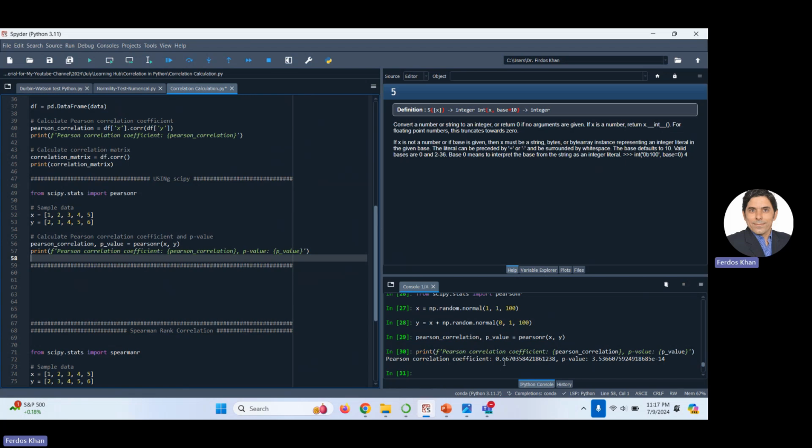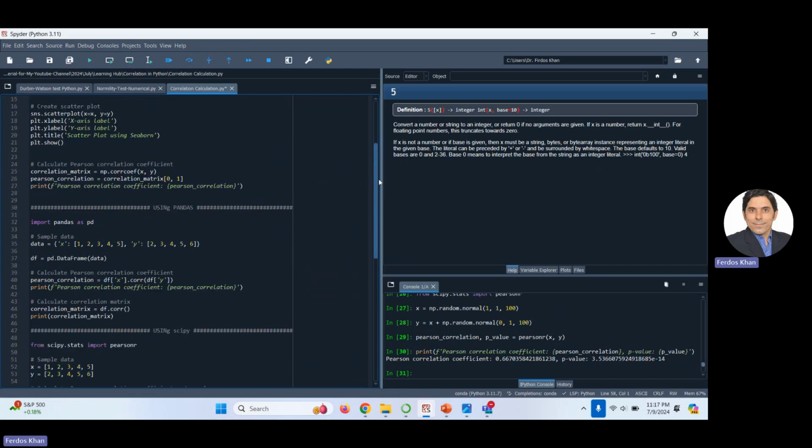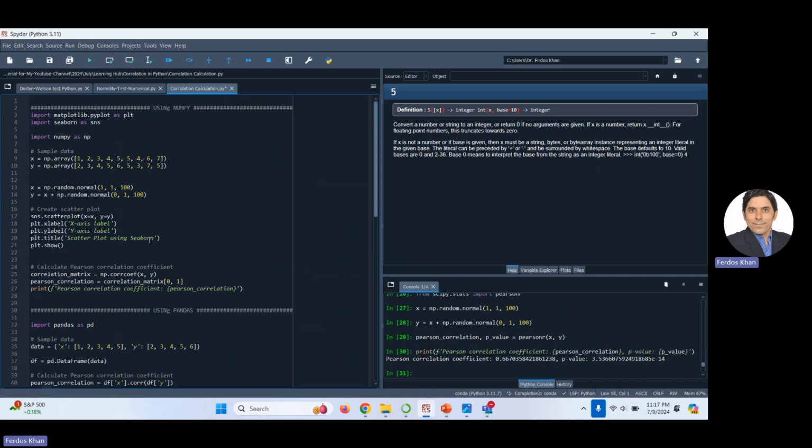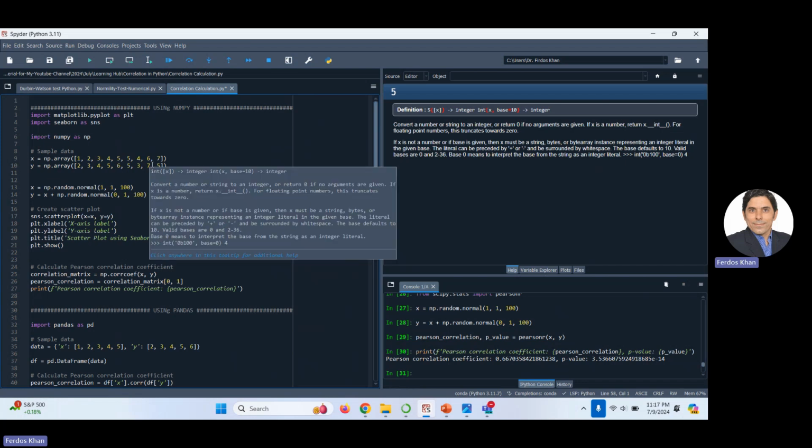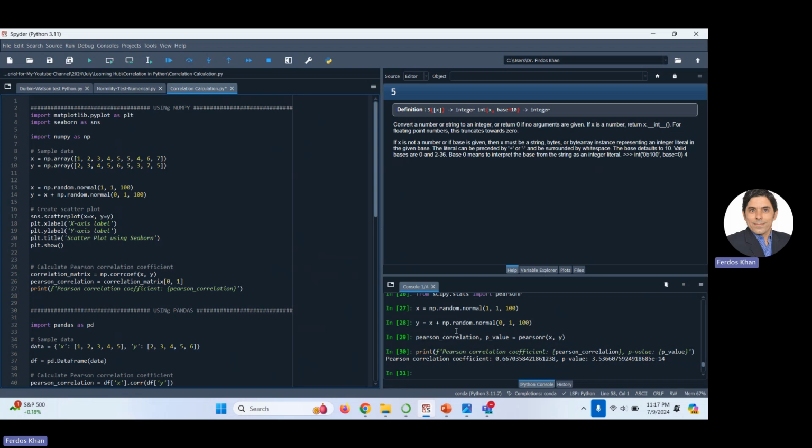So you can see the correlation coefficient is 0.667 and the p-value is 3.536 e raised to the power minus 14. So you can see the significance as well, and you can see the correlation coefficient as well in this package. So in some way they are different. If you are interested in the significance as well, besides the correlation coefficient, you can use this package. And now again calculate the correlation coefficient here because I generated the values and the correlation is a bit different. So let's see here how this is.